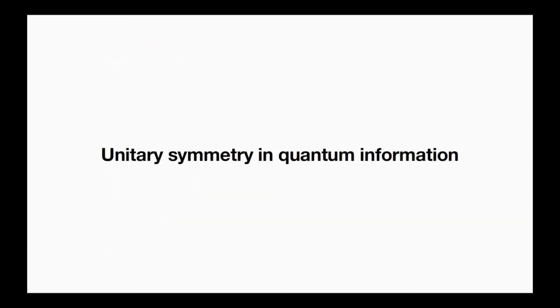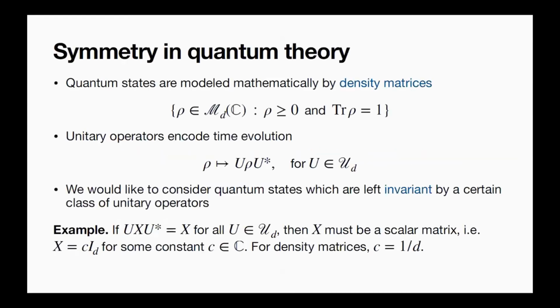Okay, so let me start with some generalities about quantum information theory. In quantum information we have two types of states. People talk about pure states, which are vectors in a Hilbert space, but we also like to work with these more general objects called density matrices.